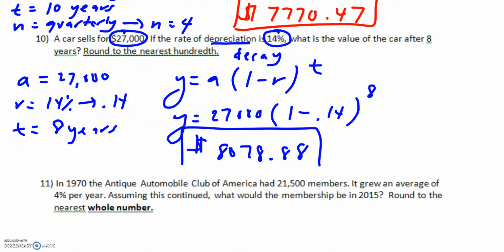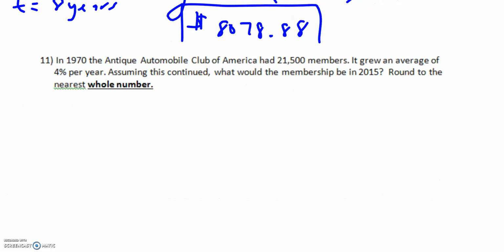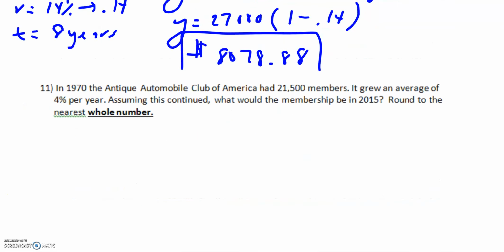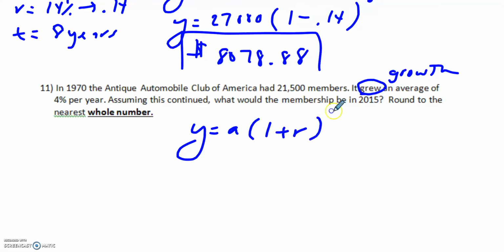The next example is talking about the population at the Automotive Club of America, and it first had 21,500 members, and it grew. When I see the word grow, it makes me think exponential growth, which, before I read the rest of the problem, means I'm going to be using this equation, 1 plus r to the t, because growth and the addition makes sense. Looks like my initial value is the 21,500 people.